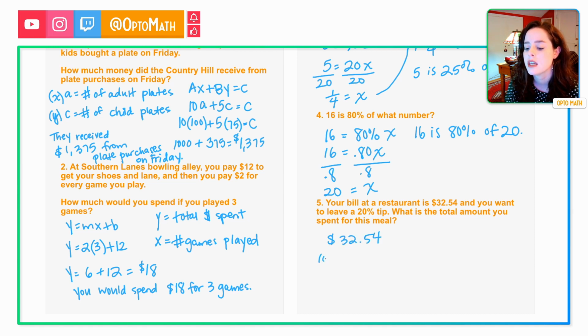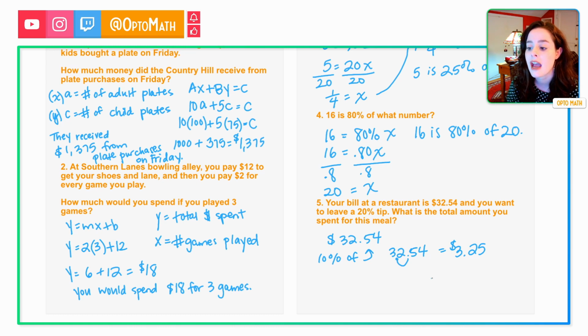So let's take a look at $32.54. So 10% of that, that's going to be taking your decimal and moving it one place to the left, because you're multiplying by 10%, which is 1/10, which is the same thing as dividing by 10. So you're eliminating a place value. So that's going to be $3.25.